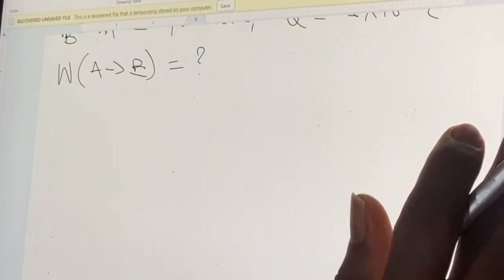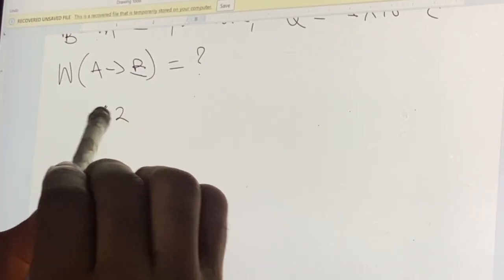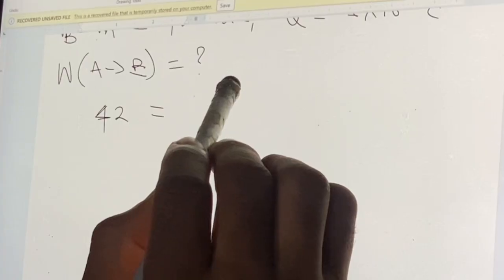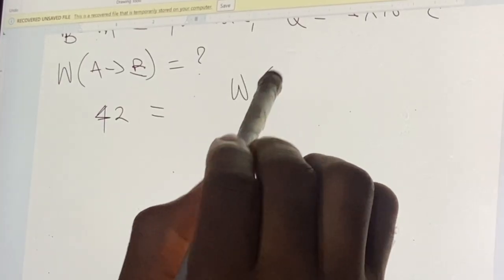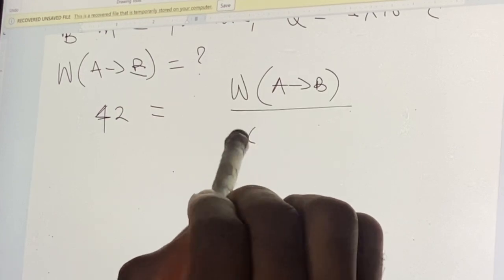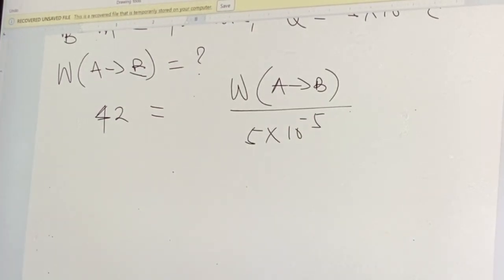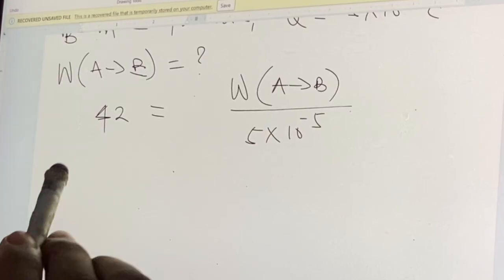When you replace the parameters here, this will be 42 is equal to work done A to B over 5 times 10 to the power of minus 5, making work done the subject of formula here.